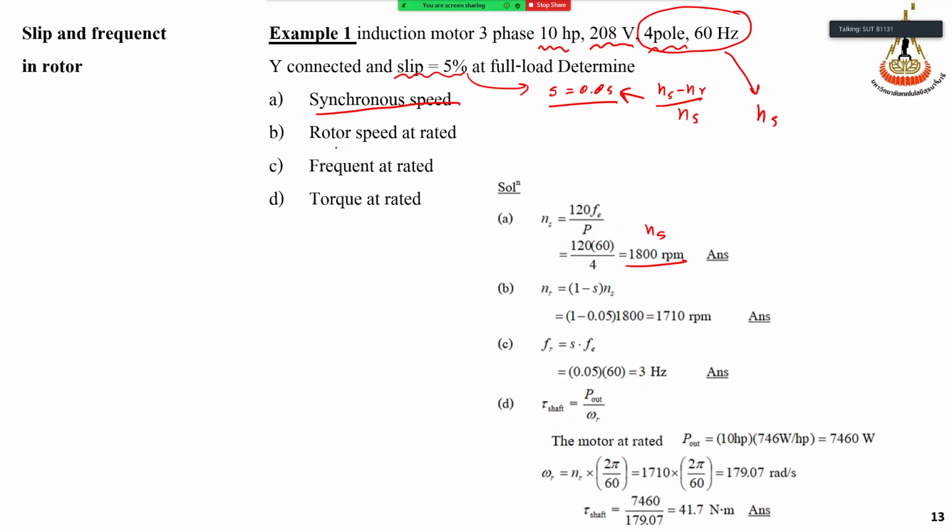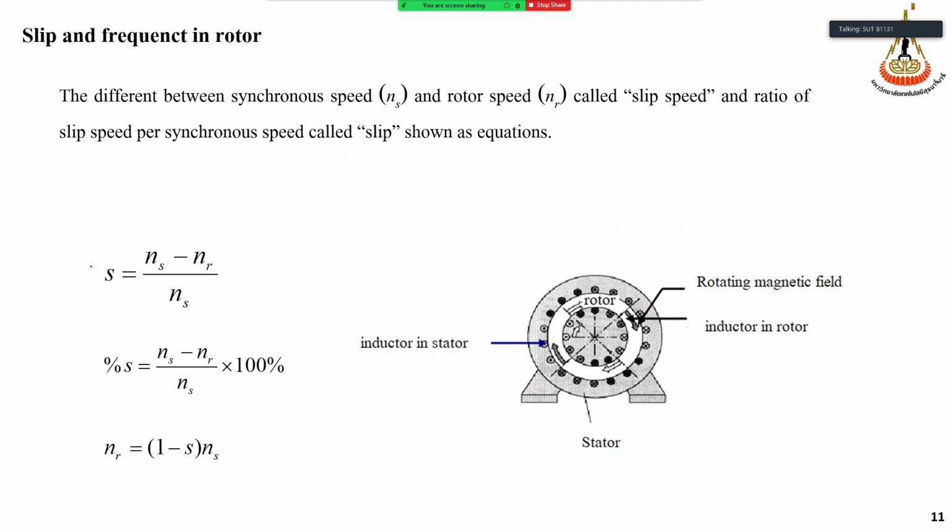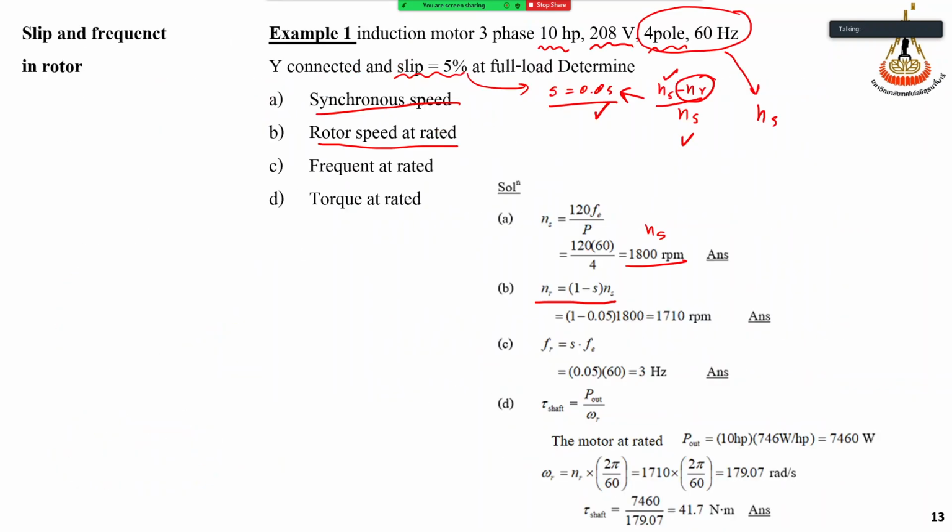Then we can compute the rotor speed because we know synchronous speed and we know slip, or we can use this equation for rotor speed. So the rotor speed is 1710 rpm. We can see it's a little bit lower than synchronous speed. The rotor speed cannot exceed synchronous speed.